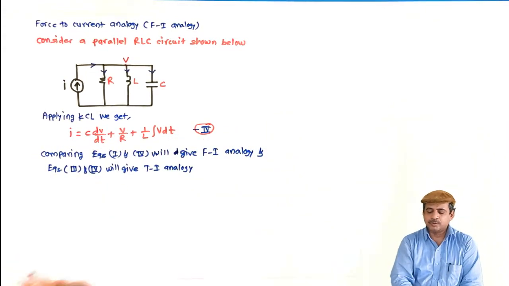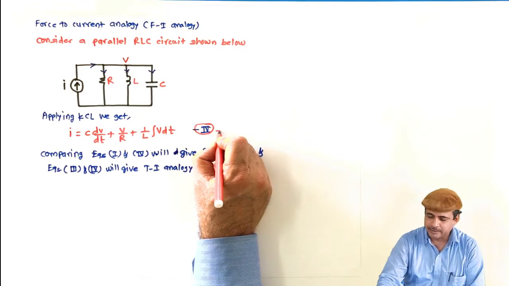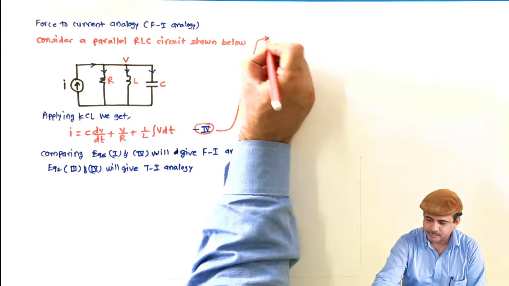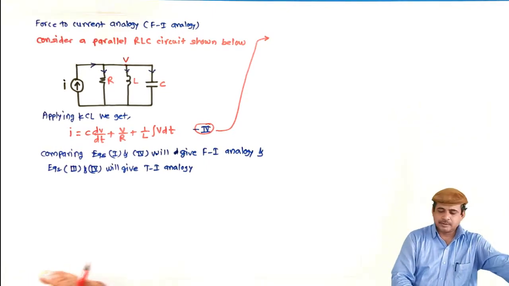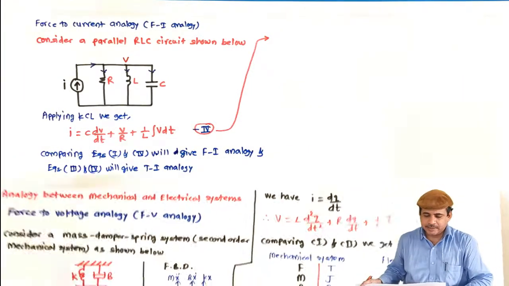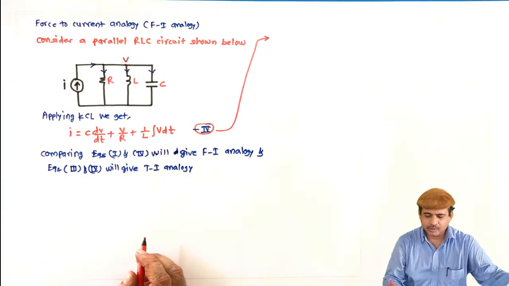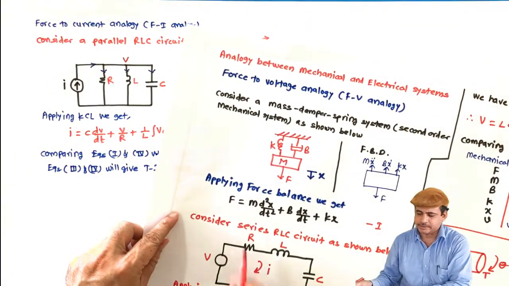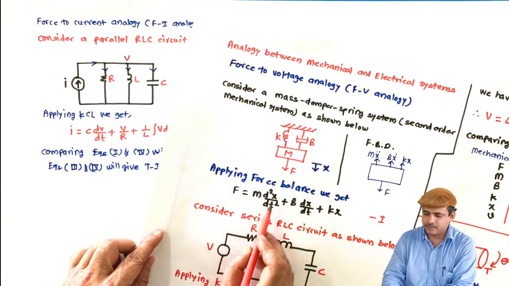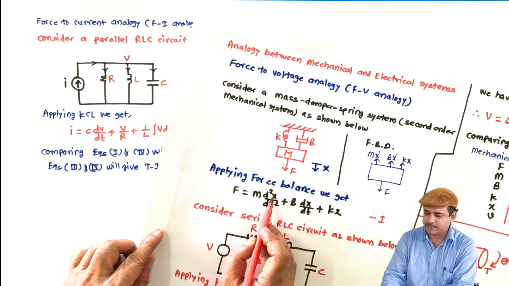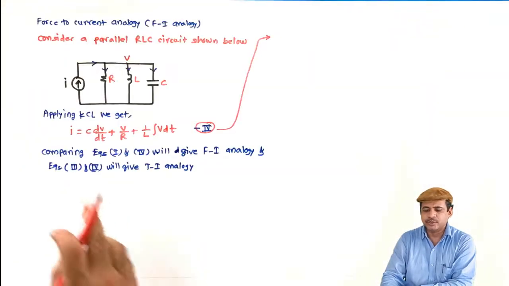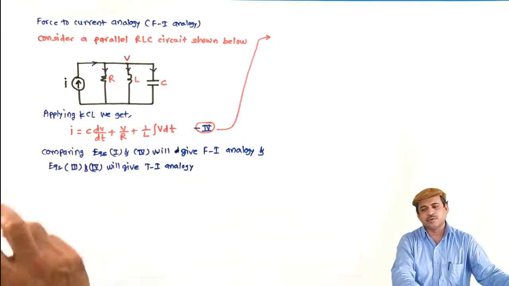So in continuation to this, let me look at equation 1. Here, F is equal to m d2x by dt square plus b dx by dt plus kx. So the highest power of differential is 2, whereas here the highest power of differential is 1.